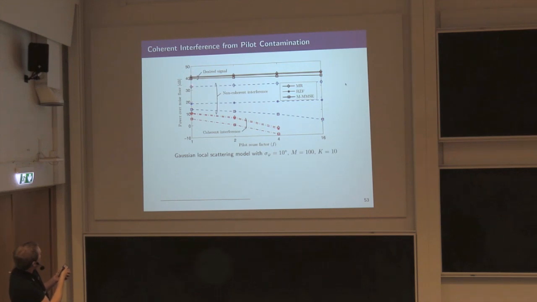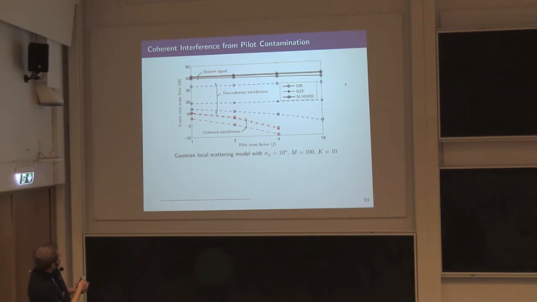It's less than 10 dB smaller than the desired signal, and that has an impact on our performance. And down here we have the coherent interference, and we see that as we are increasing the pilot reuse factor, the coherent interference goes down because now there are fewer users creating pilot contamination, while the non-coherent interference is more or less the same all the time.